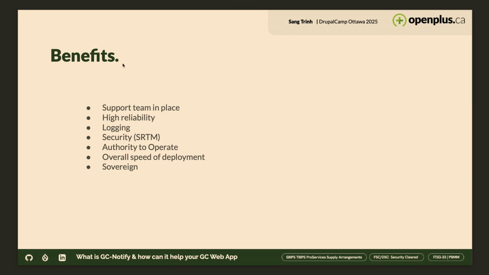But the benefit of GC Notify is that there's a whole team that's set aside that supports this for you. It has high reliability. It has the ability to provide you with logs and with information with regards to how your service is performing.